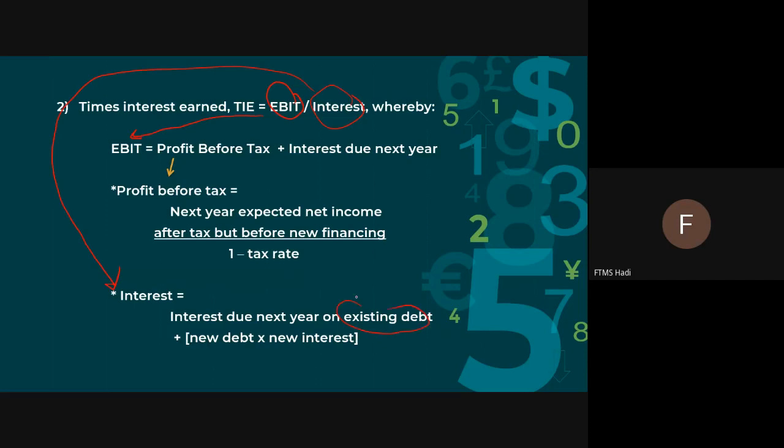Existing debt means the old loan, and this one is a new loan. Because the company wants to make a decision whether to add more debts or more liabilities, they need to include this as well. Because new debt you need to multiply by new interest, and the old loan also. That means old interest plus new interest. Later in the calculation, I will show you how.